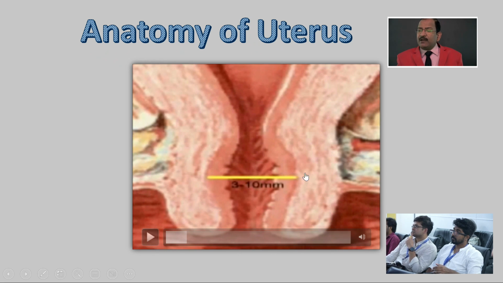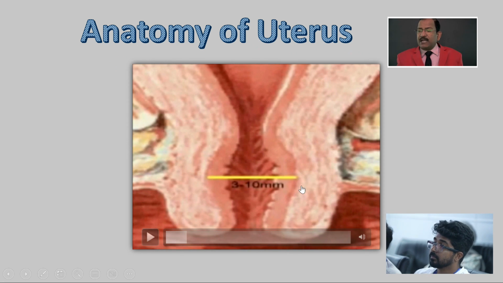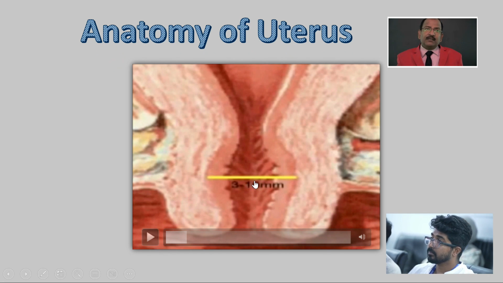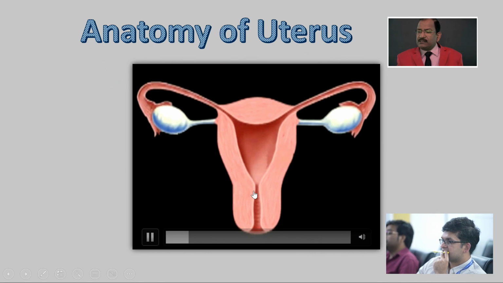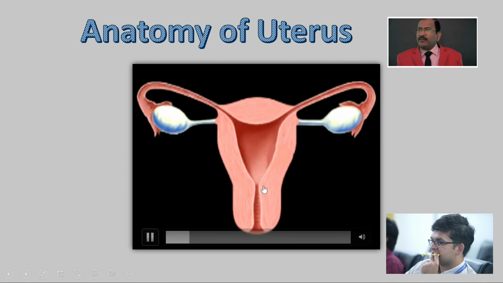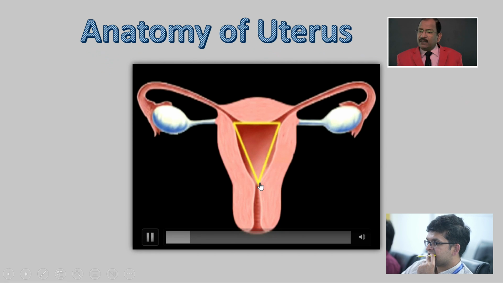In the middle of the normal cervical canal is the maximum diameter, that is 3 to 10 mm. 3 mm in nulliparous, 10 mm in multiparous, but only in the middle. Once you go at internal os, again you have a constriction, and you will see both the ostia with the 0-degree in a normal uterus.